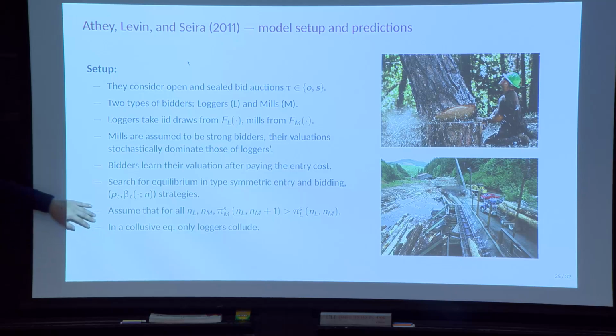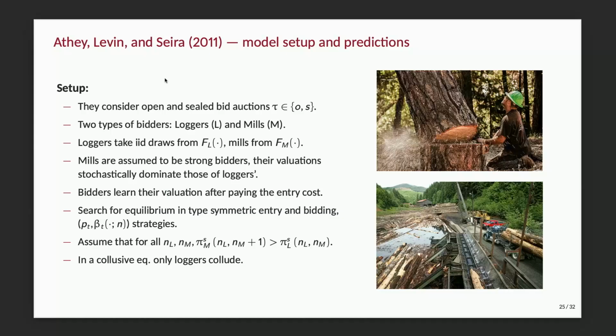Two more assumptions that they're making: first of all, mills are not just stronger, they're sufficiently strong so that mills are always entering first. Basically, the profits of mills with an extra mill entering are still larger than the profits of loggers if there is no such additional entrant.